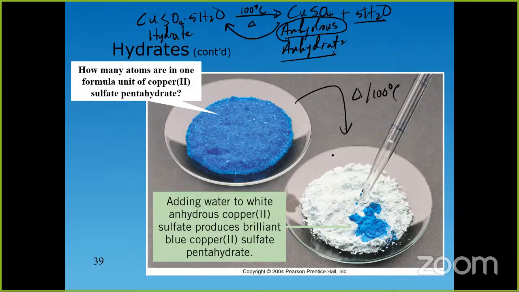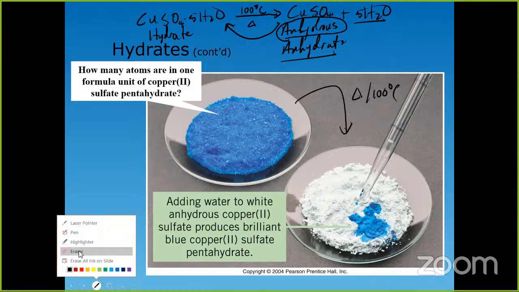Now, obviously, as you can see in this example, there's a change in appearance, right? The hydrated form of copper 2 sulfate is blue, while the anhydrous form is white, right? But that is not always the case. In fact, I would say in most instances, the anhydrous and hydrated forms would both be white. For example, let me just erase this here.